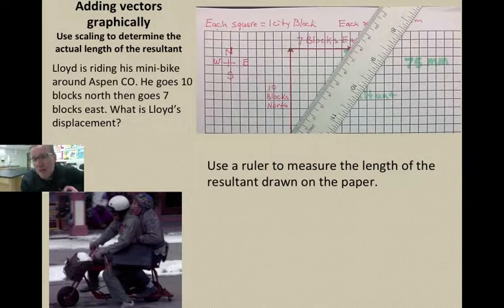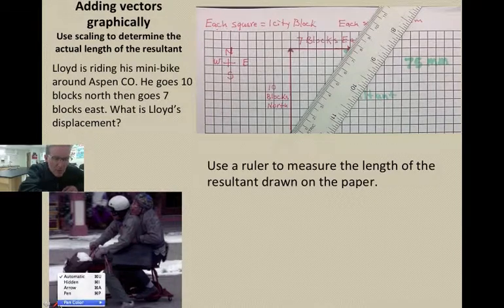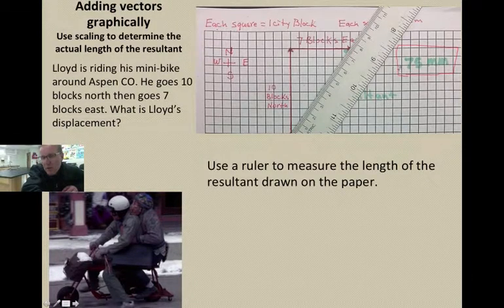I've laid down the ruler, and I've measured that as 75 millimeters. So it's 7.5 centimeters, but it's 75 millimeters. Since I had my squares as being 6 millimeters, that's going to be important later.